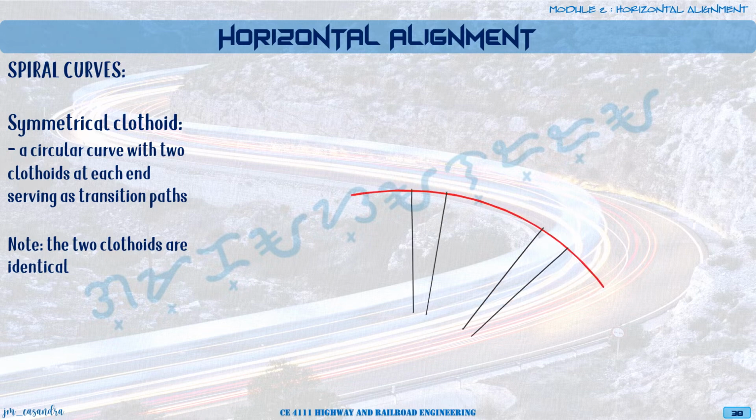So to understand, let's say we have here our circular curve, which is defined by this radius. I is the original intersection angle of our original circular curve. And then we will be connecting spiral curves at a certain point.